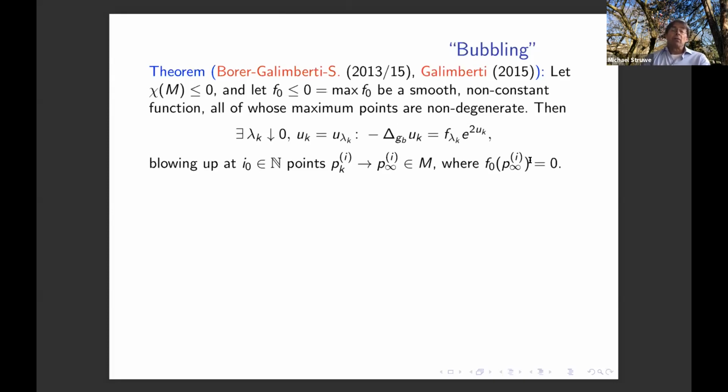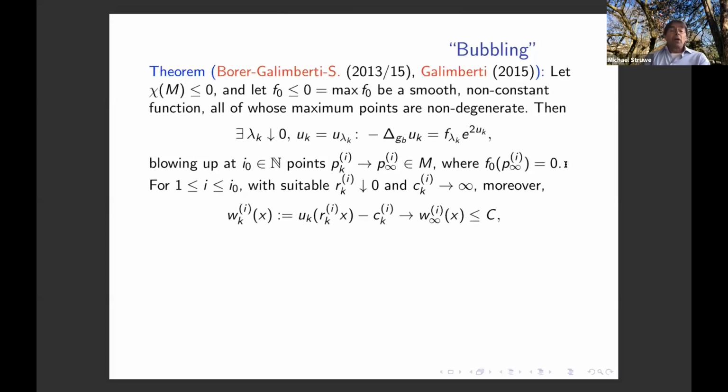points of the given function f0. And moreover, by the monotonicity trick, you have bounds for the total curvature of the induced metric, and you can prove the following convergence result.